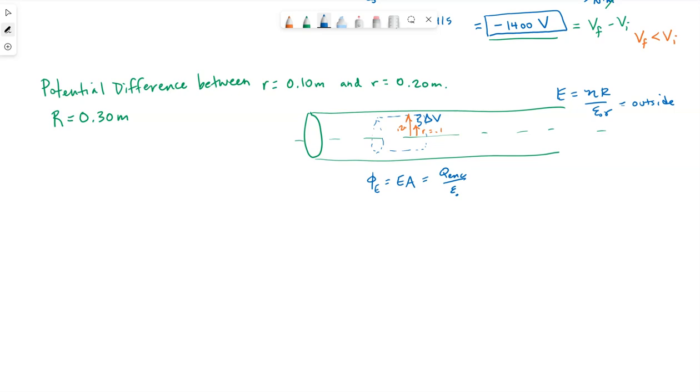But a conductor only has excess charge on the outside surface. So inside the conductor, there's no charge enclosed.